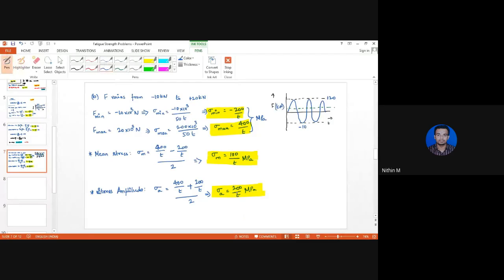So just by varying the sign of the minimum stress, go back to equation star.